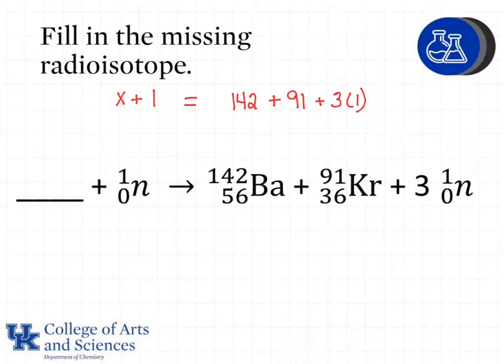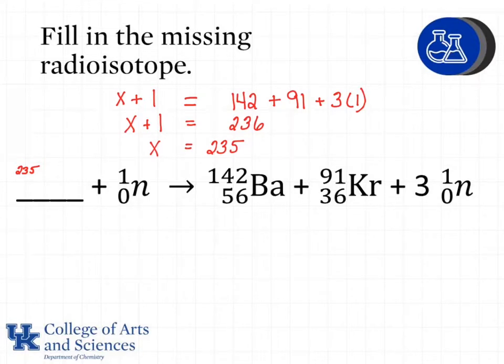Notice there are 3 neutrons, so we have to multiply 3 times the mass number of the neutron. We then get x plus 1 is equal to 236. Subtracting 1 from both sides, we get x equals 235. 235 is the mass number of our missing particle.